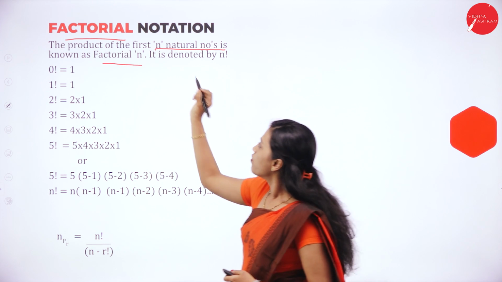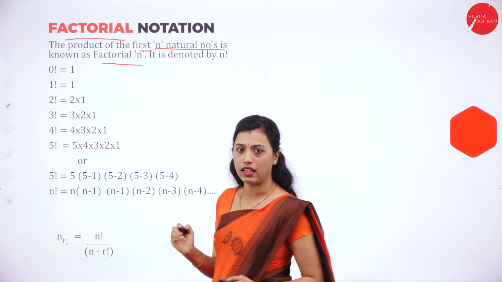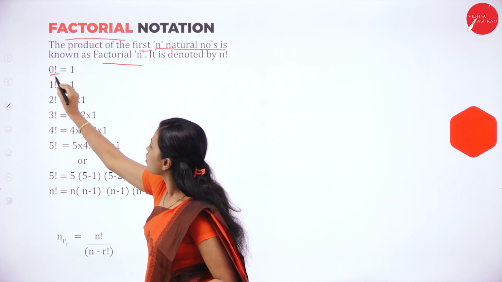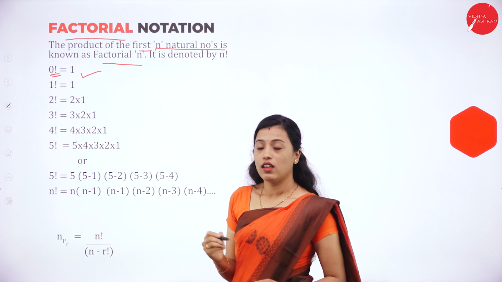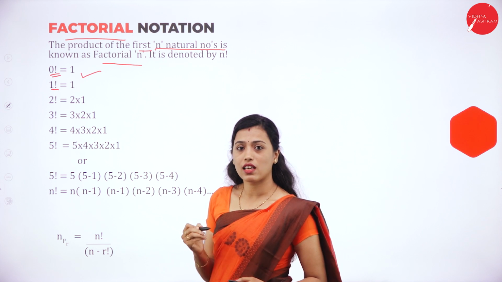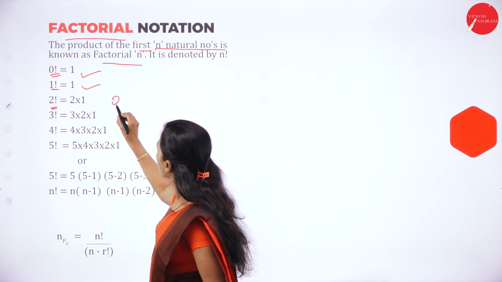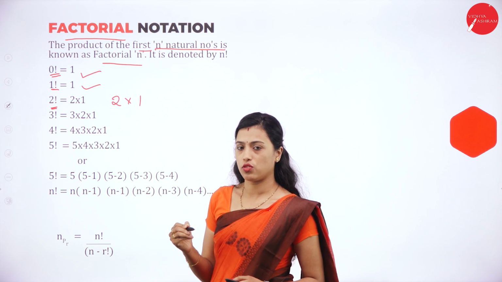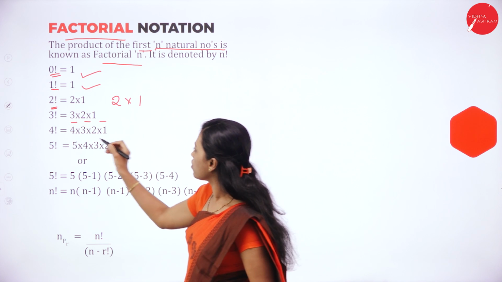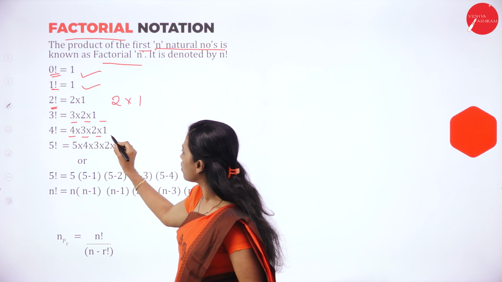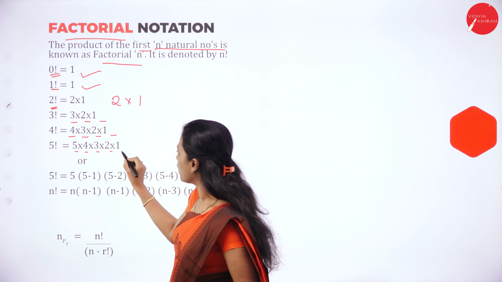What is 0 factorial? 0 factorial is always 1. 1 factorial is 1. 2 factorial means 2 into 1. 3 factorial means 3 into 2 into 1. 4 factorial means 4 into 3 into 2 into 1. 5 factorial is 5 into 4 into 3 into 2 into 1.